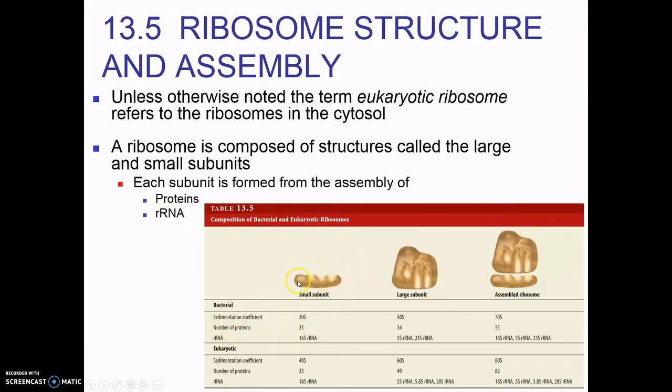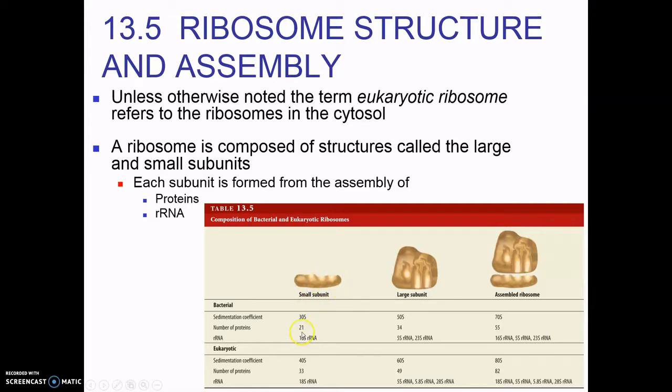All right, in bacteria, we have the small subunit, which is called the 30S subunit. This is a reference to how quickly or to what level it sediments in centrifugation. So this S is a unit of sedimentation, and it refers roughly to its molecular weight, but also size as well, or shape.